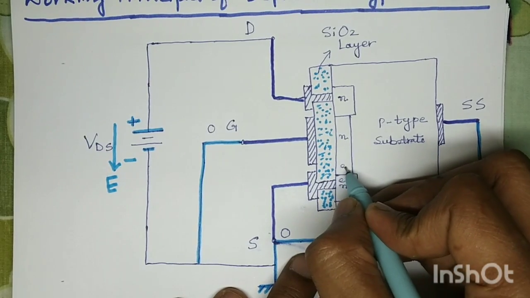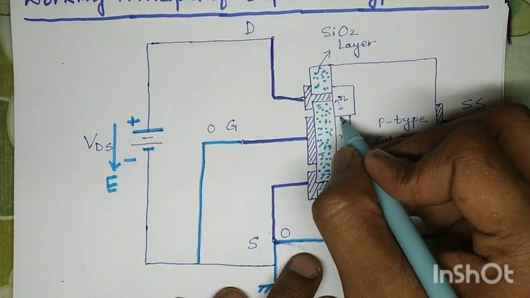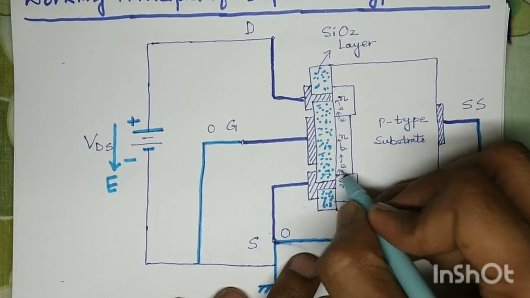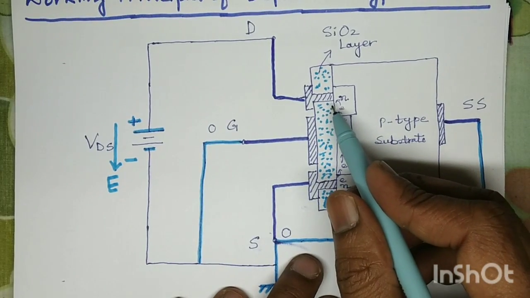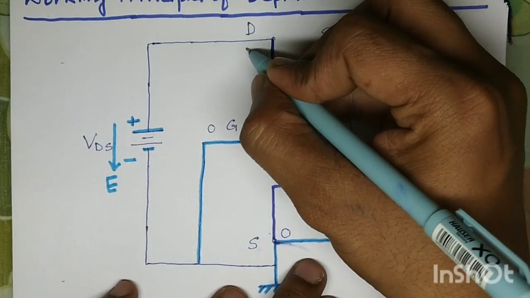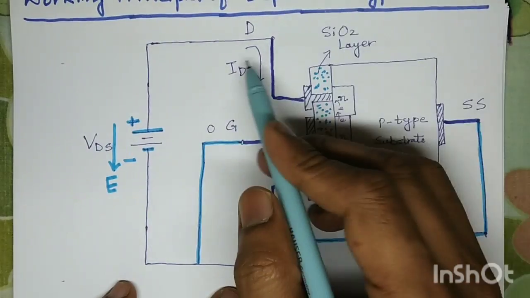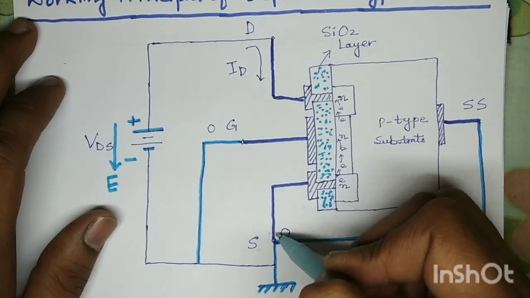The electron motion will be in the upward direction, and as a result a current, that is the drain current, starts flowing from the drain terminal to the source terminal.